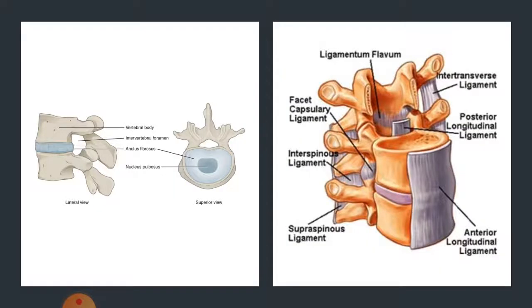The first point to be noted here is that it is lying between the 2 vertebrae, and at its cross section you can appreciate an outer part which is called the annulus fibrosus and an inner gelatinous material which is called the nucleus pulposus. So it has a shock absorbing function.